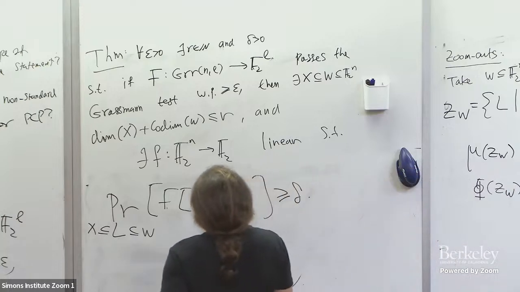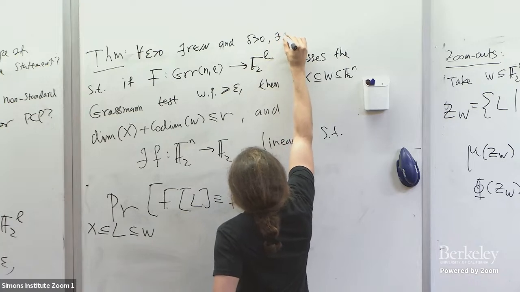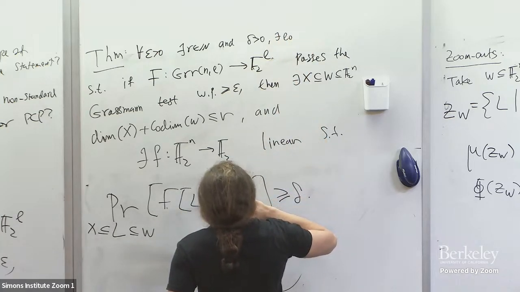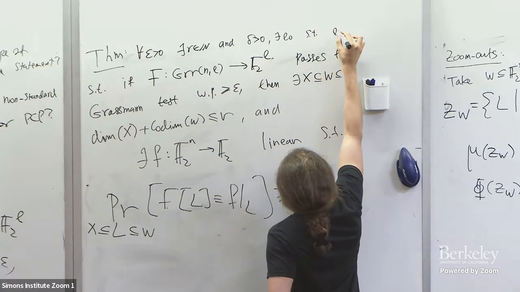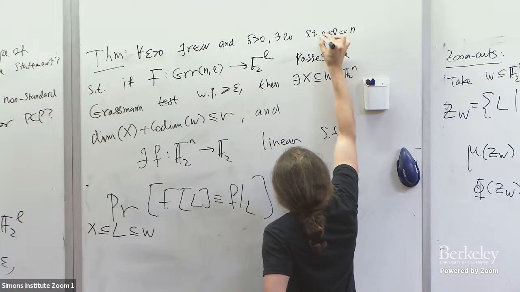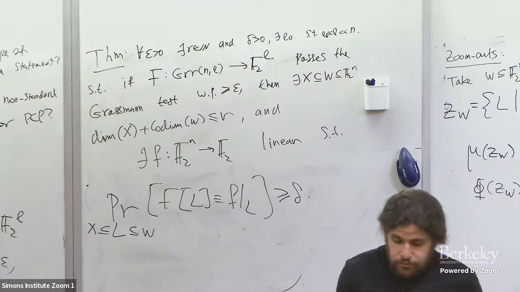Good question. You need L to be sufficiently large with respect to epsilon.